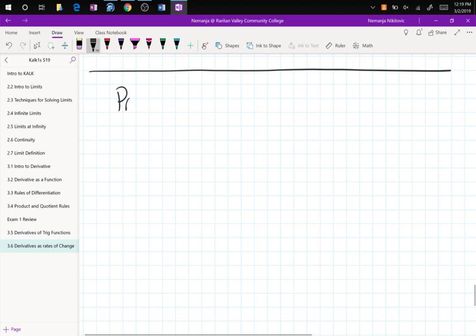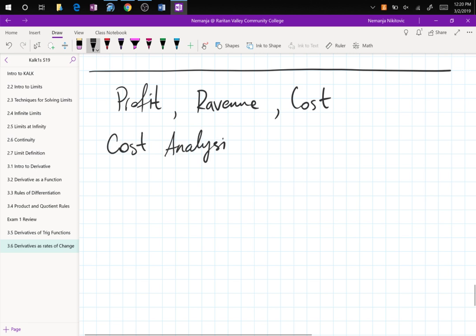So we have profit, which is the money that you keep once you take your revenue and you subtract the cost, which was how much you used to do this. Now, cost analysis is a very interesting thing.